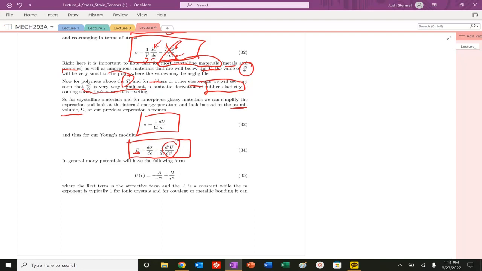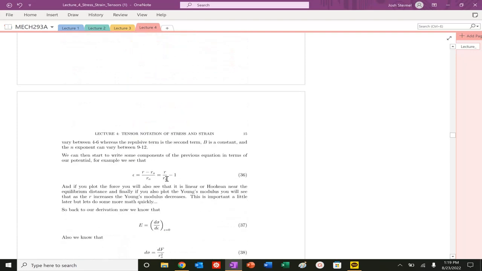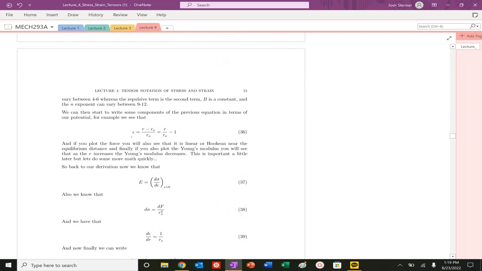So this is not a fully fleshed out functional form yet, right? Because we don't have an expression where our internal energy scales as a function of our strain. We do have potential energy terms, U, in terms of R. So what we have to do is rewrite our strain terms in terms of R, where R is just our new radius.